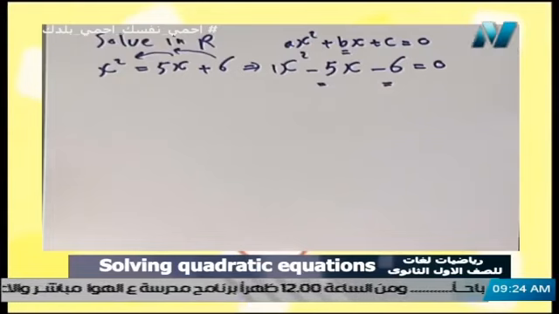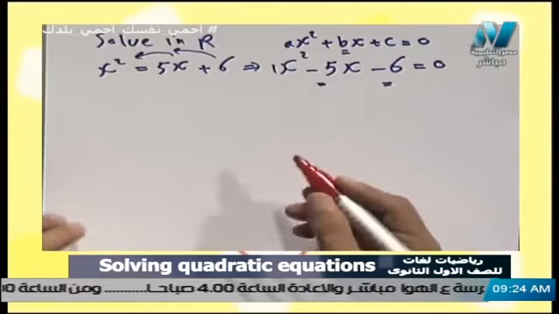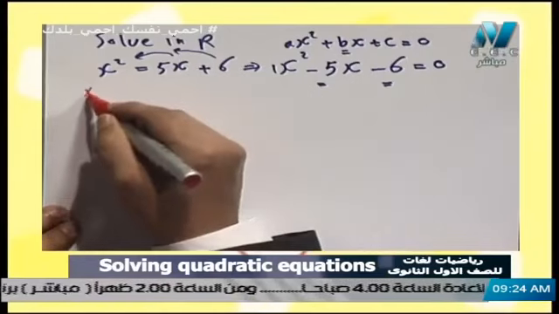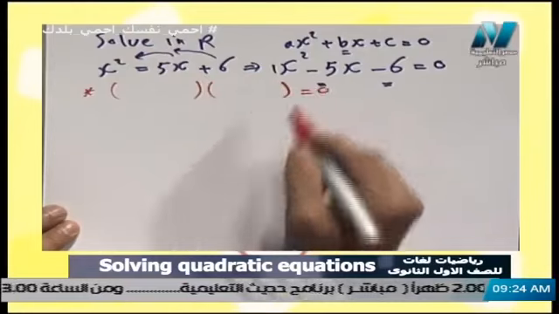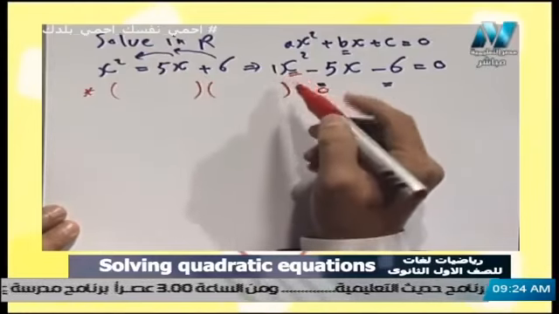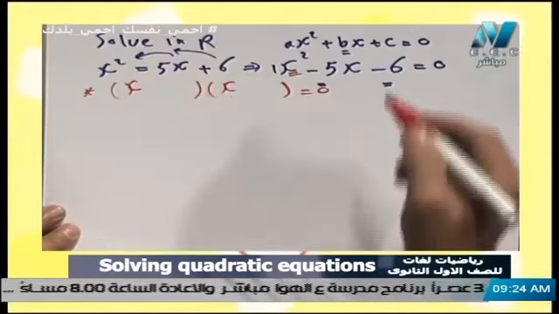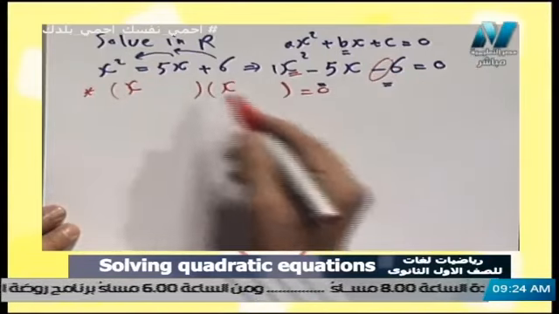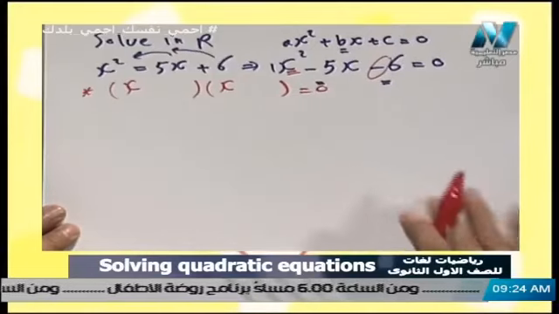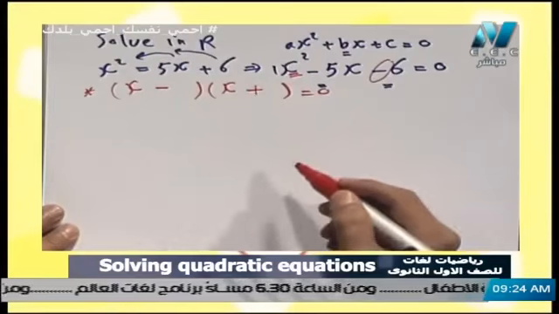Okay, we have two methods to solve this equation. First method, which is factorization. We have x power 2, factorize it as x multiplying by x. We have here negative. Negative means positive multiplied by negative or negative multiplied by positive. Here we can put negative multiplied by positive.